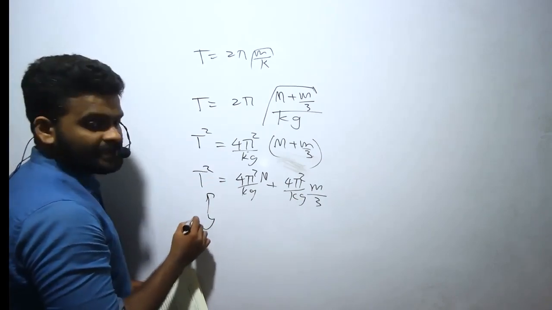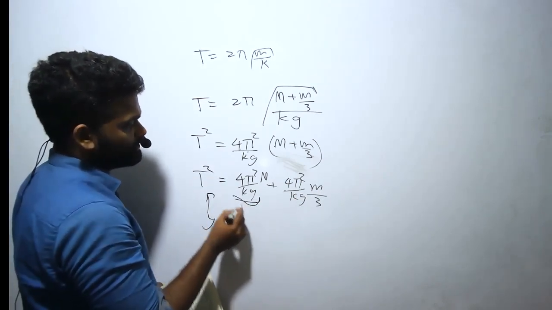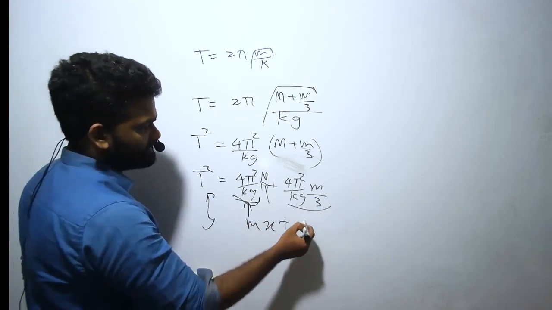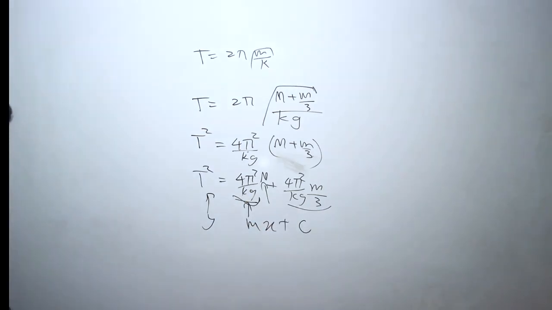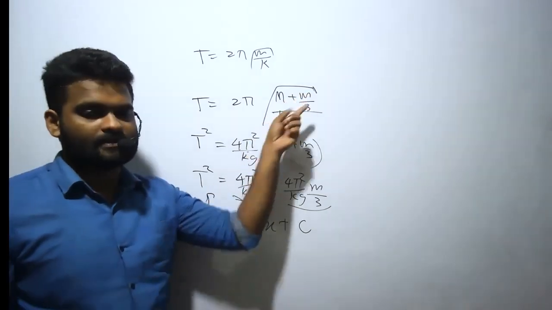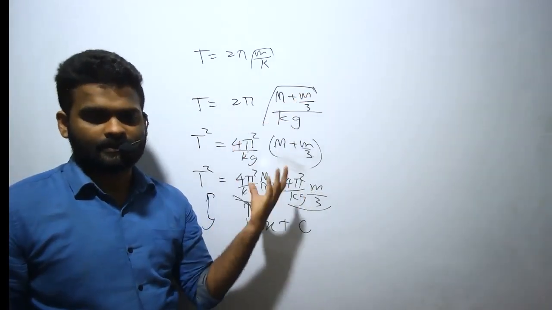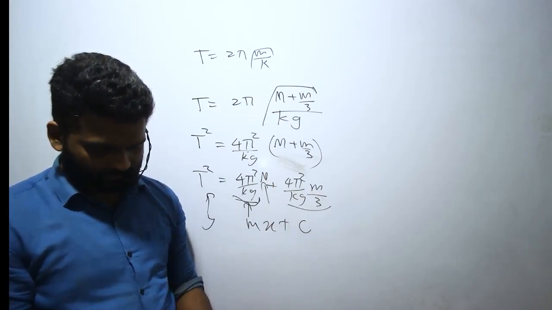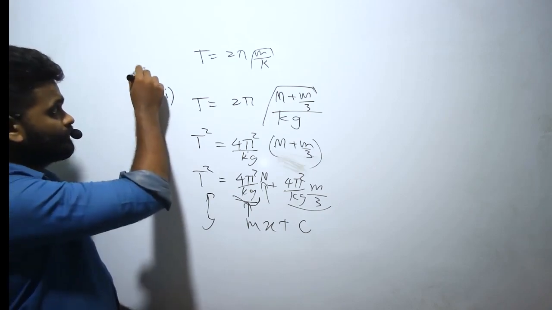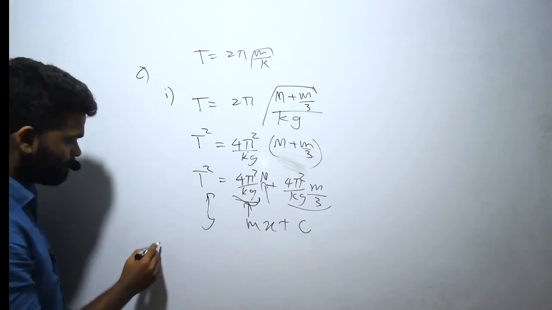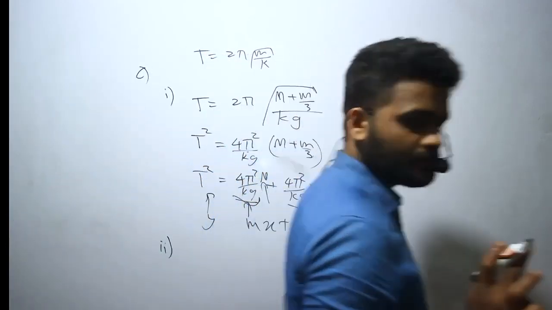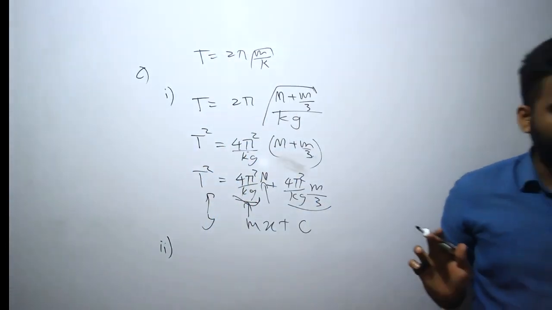So this one you can take as y. This one you can take as gradient. This one as x. And this whole thing is c. Now you have rearranged this. Because of this term, there's an intercept in the graph. So this is the first part of C. If you have a problem, let me know, right? C first part.